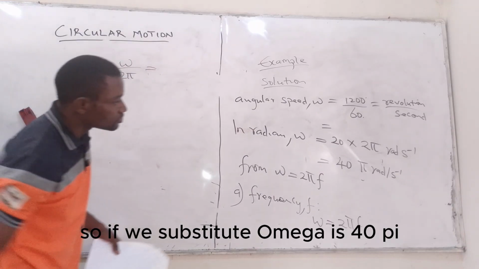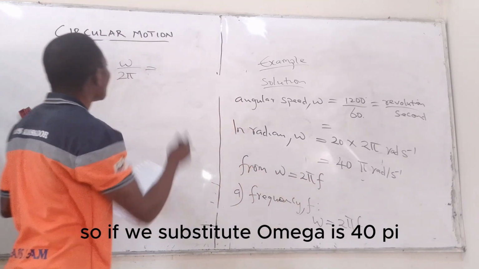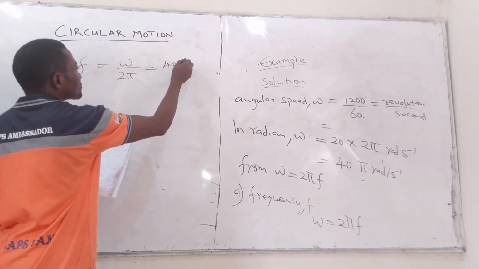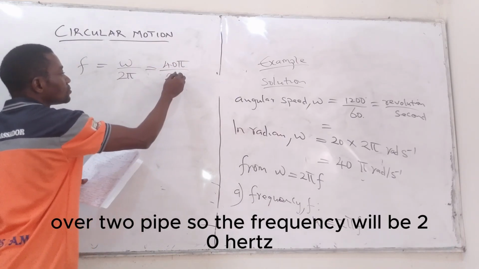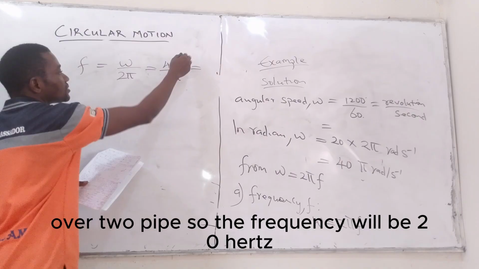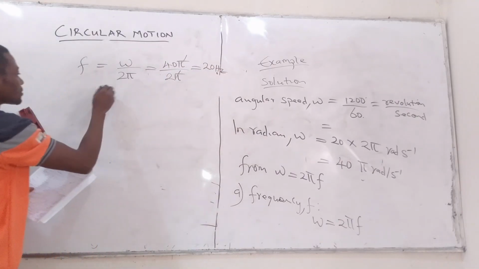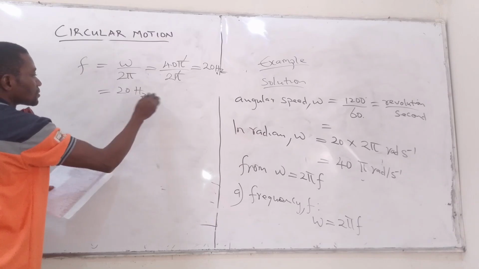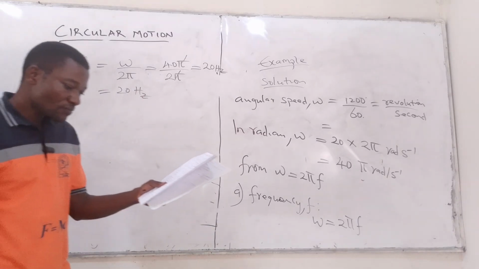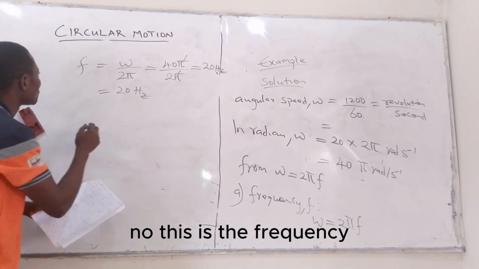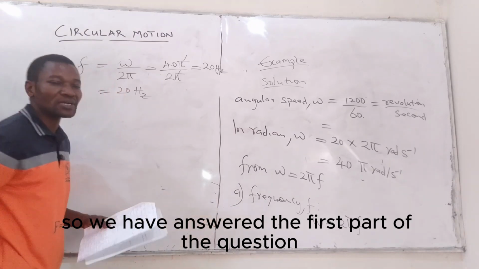If we substitute, omega is 40 pi over 2 pi, so the frequency will be 20 hertz. Is it difficult? No, this is the frequency. So we have answered the first part of the question.